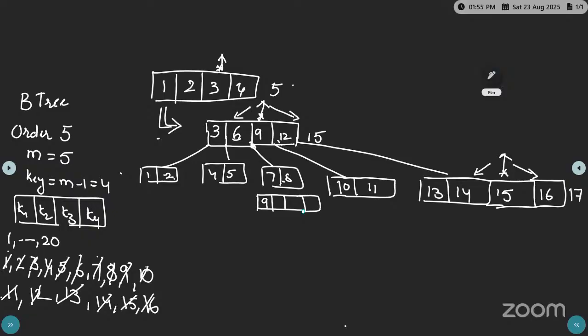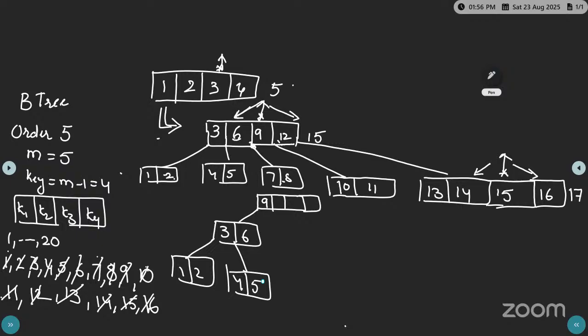And what is on the left side of 9? 9's left side is 3 and 6. What is on the left of 3? 1 and 2. What is on the right of 3? 4 and 5.